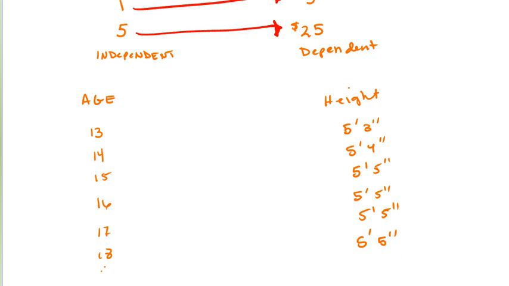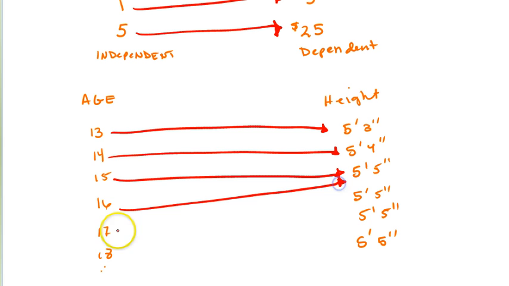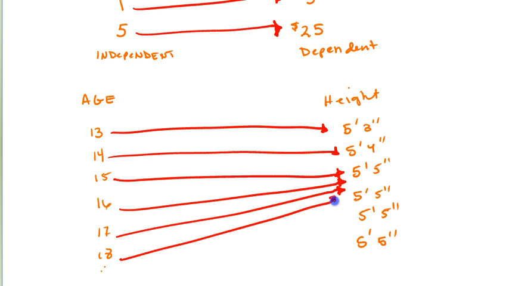If you look at my age versus my height, at age 13 I was 5'3", at age 14 I was 5'4", at age 15 I was 5'5", at age 16 I was 5'5", age 17 I was 5'5", and at age 18 I was 5'5".